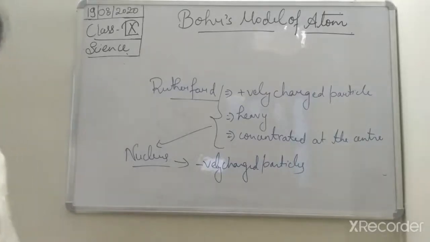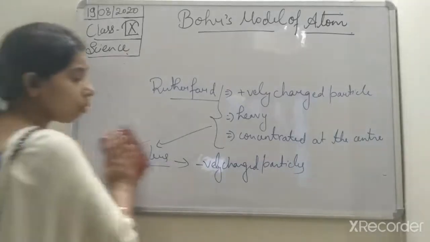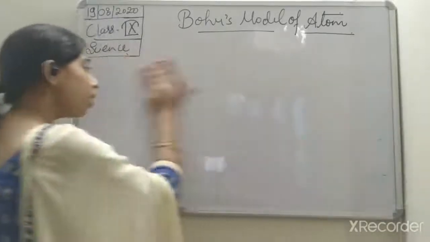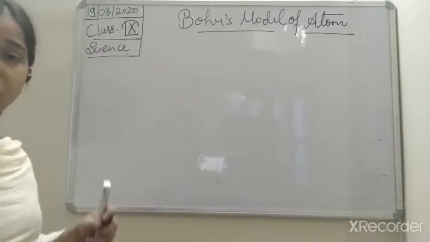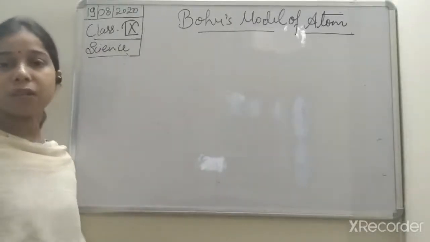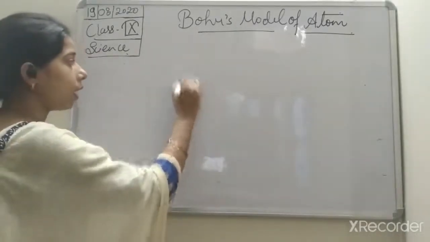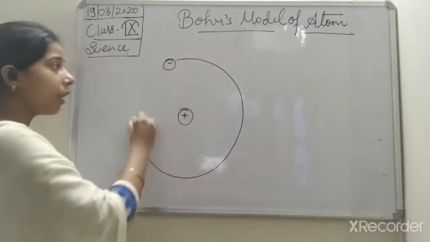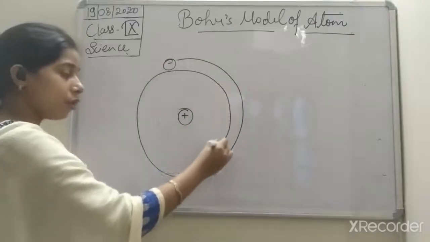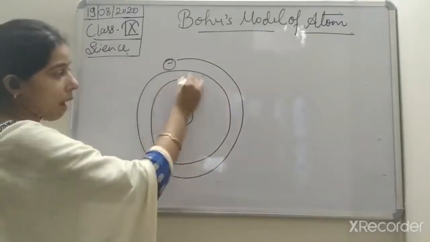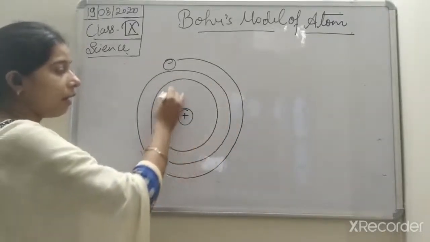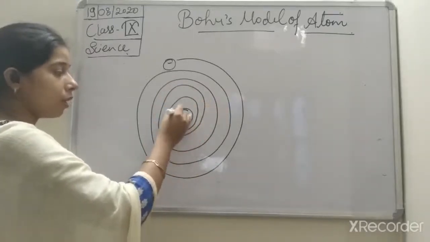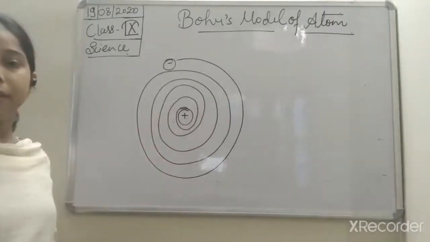But Rutherford's model also has a limitation. He said that electrons revolve around the atom. If an electron is revolving around the atom, what will happen? It will start continuously losing energy in the form of electromagnetic radiation, and finally it will start coming close to the nucleus and fall into the nucleus.